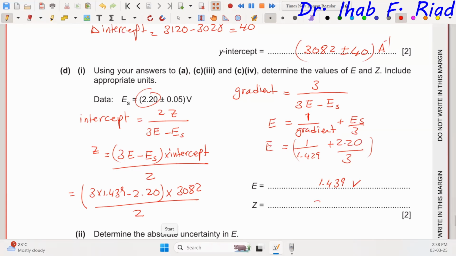I get something like 3230.7. Or 3.23 kilo ohm, as you wish. Okay.